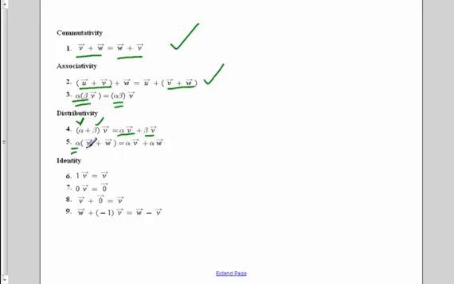Or if you have a scalar times two vectors being added, you can distribute that scalar across the vectors and get alpha times vector v plus alpha times vector w. So commuting, associating, distributing, these are topics that we talked about in algebra, slightly different ideas. In algebra, it would be like x plus y equals y plus x, but it's the same idea.